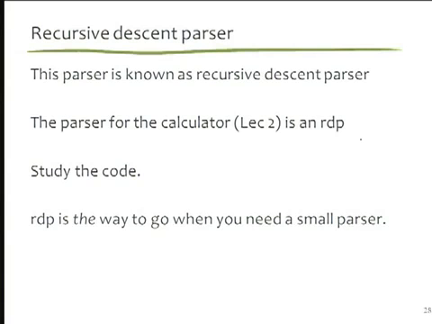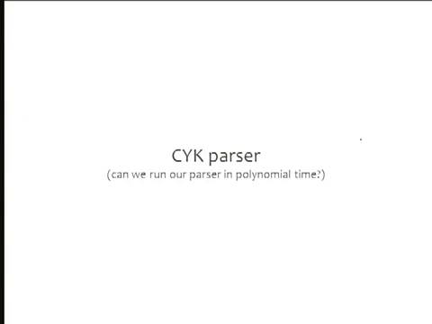So you don't need to try something and then backtrack and try another one. But let's see whether we can do this parser more efficiently than exponential time. We'll do it in polynomial time. And we'll develop what is called the CYK parser. Does anybody know why the parser is called CYK?